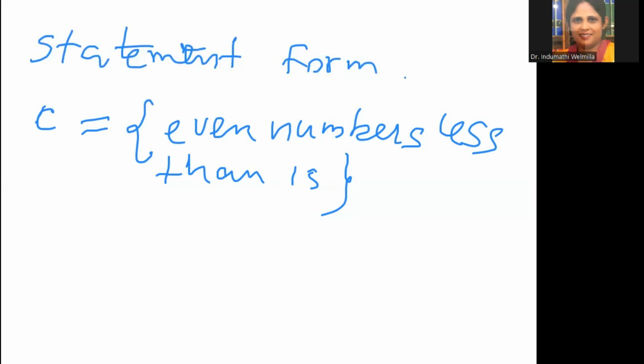Because the 3 most popular methods we can use to represent sets are set builder form, roster form, and statement form. And also now you know the differences among these 3 methods, right?